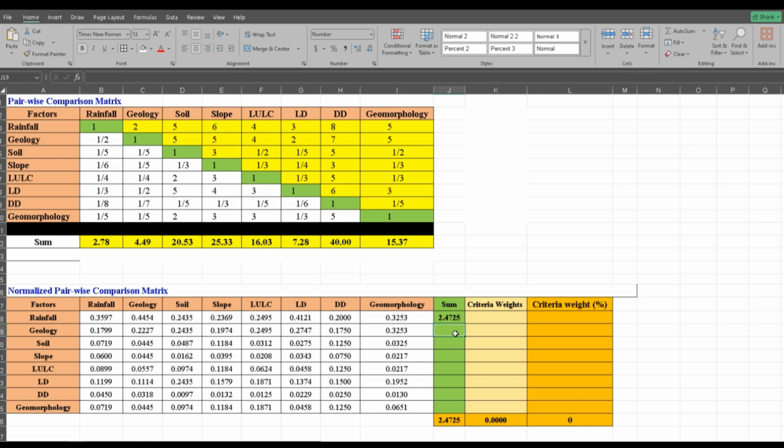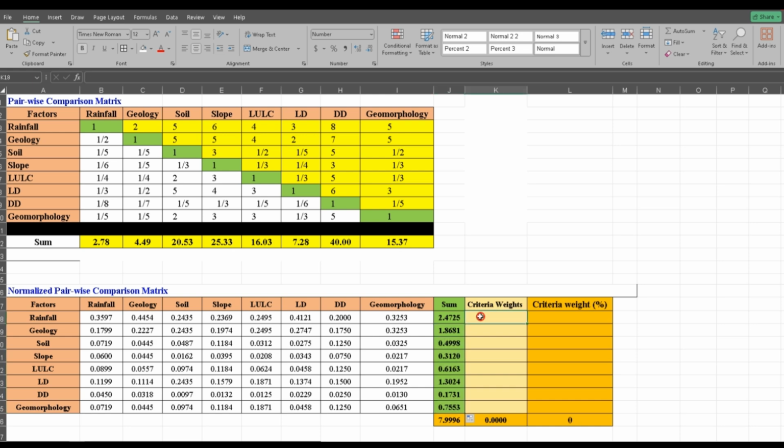Again, the sum of the second row is equal to the summation of those values. In the same way, you can calculate the summation of each row.